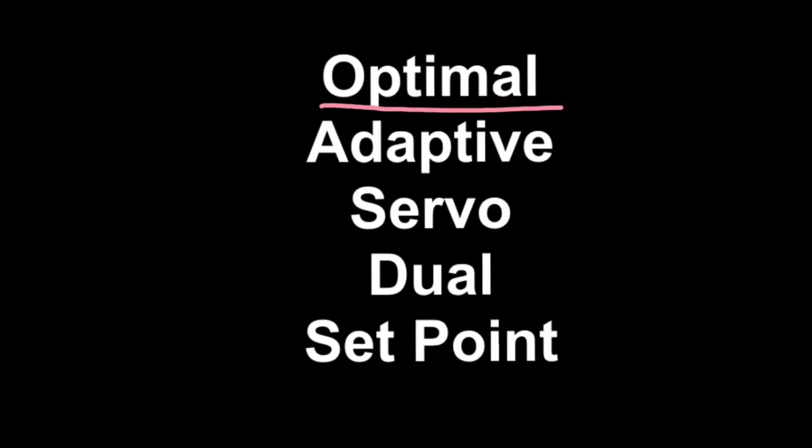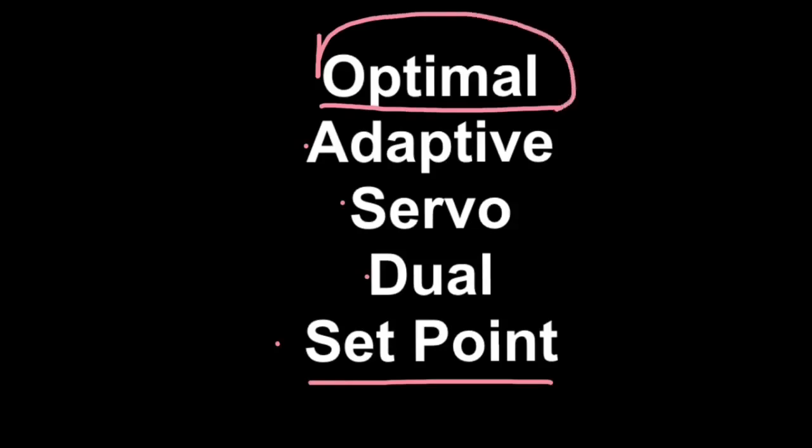It's more advanced than adaptive targeting, servo, dual, and set point, where set point is the most basic form of targeting. In the next slide, I'm going to compare and contrast set point targeting with optimal targeting to get a better understanding of the interactions of an optimal targeting scheme.